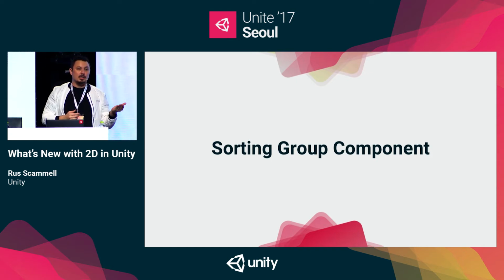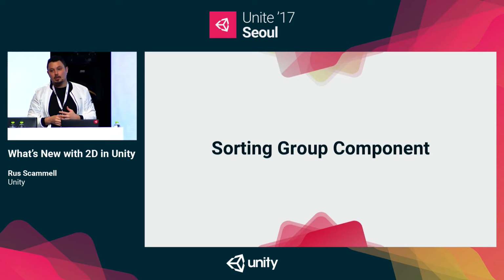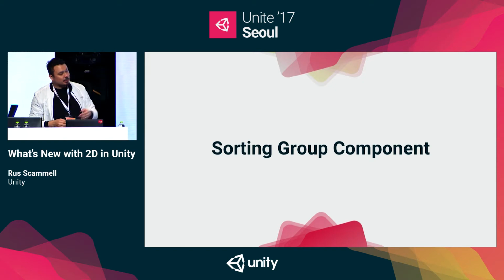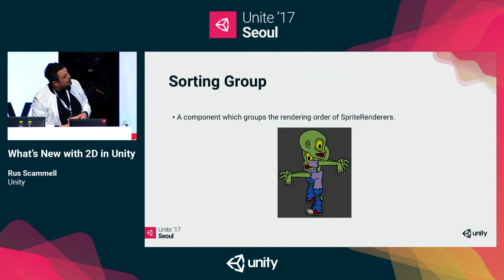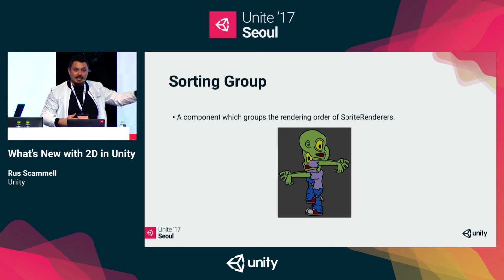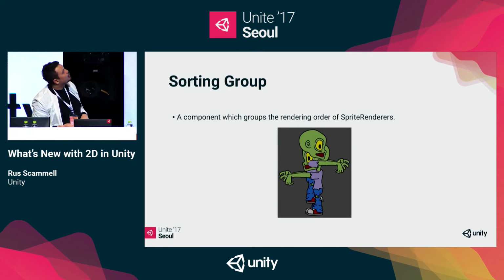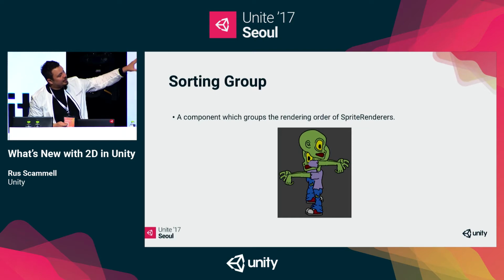I'm going to talk about two different ways that we have given you control over sorting. The first one is the sorting group component. In this, we're going to use our zombie again. This time he has the rest of his body.